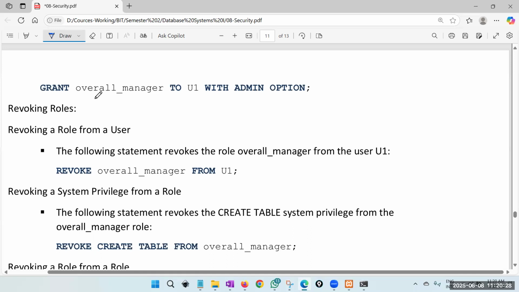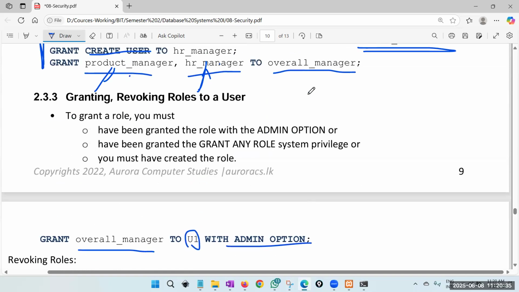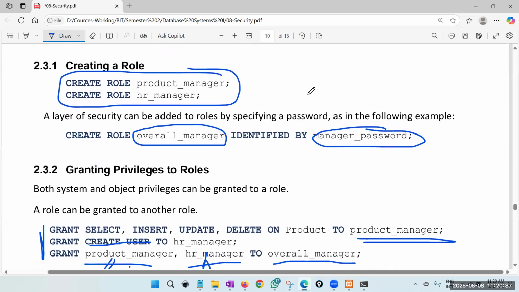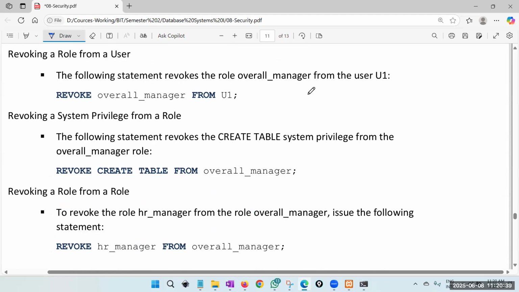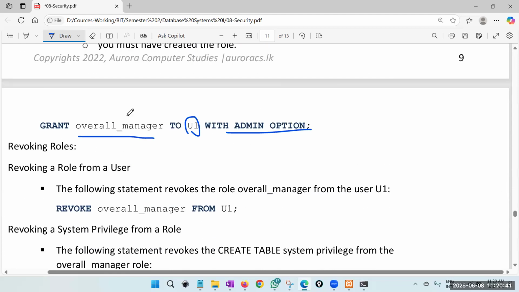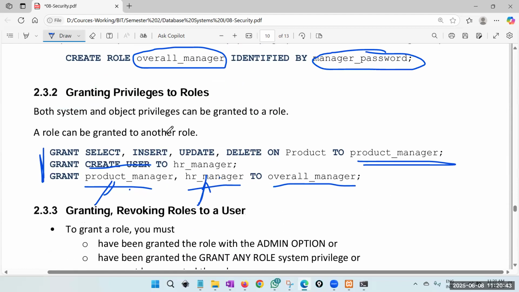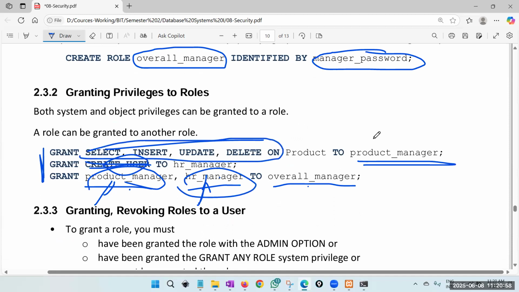Say grant overall manager role to user one, and with admin option also we have given. Then this user one has all the privileges given to overall manager, that means all the privileges given to product manager and HR manager roles. So you can create users, and you can do select, insert, update, delete on product table as well.